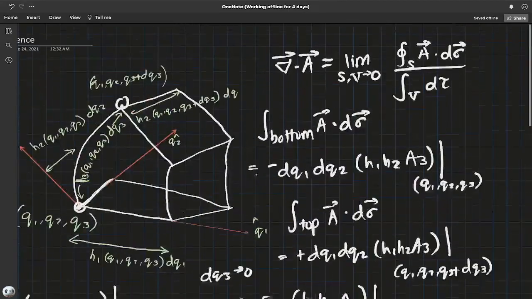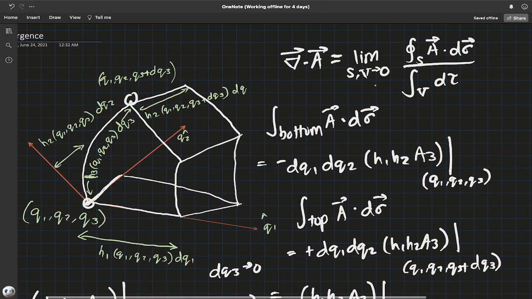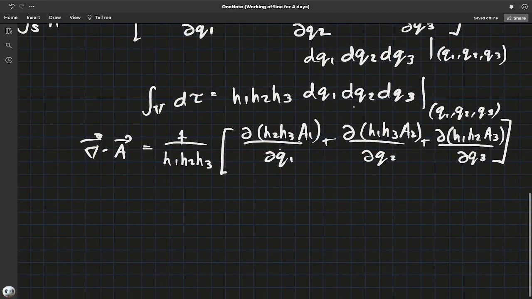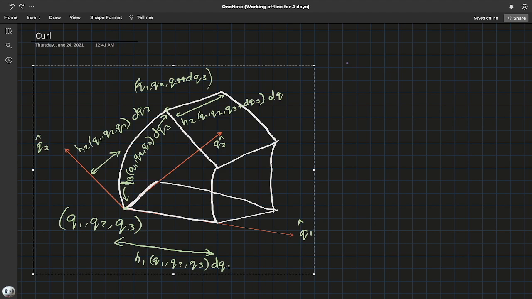In case you guessed it, we used this definition, which was a function of Gauss's divergence theorem. We are going to use Stokes's theorem for the curl in this general system. So as I did for the divergence, I'm going to do for the curl.